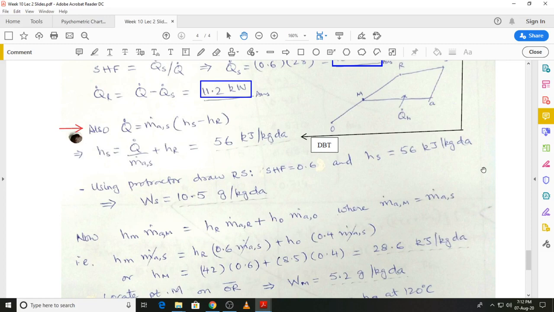What we can do is go again to the protractor, draw a reference line with a sensible heat factor of 0.6 on the protractor, and then draw a line on the psychrometric chart which is parallel to this line, and where it intersects the line of constant enthalpy of 56 kilojoules per kilogram dry air, that will give us state S.